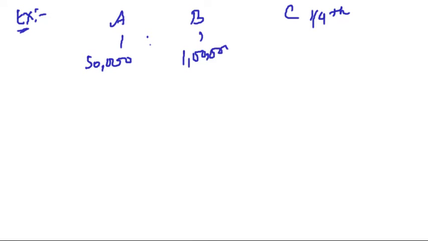We are given that there are two partners A and B, sharing the profits equally. C is admitted as the new partner for 1/4 share. The capital of A is 50,000 and capital of B is 1 lakh.